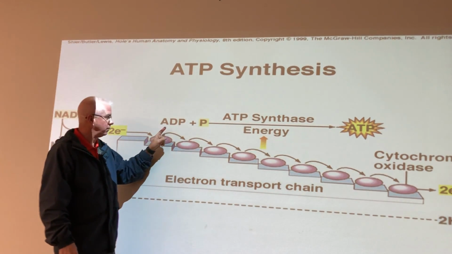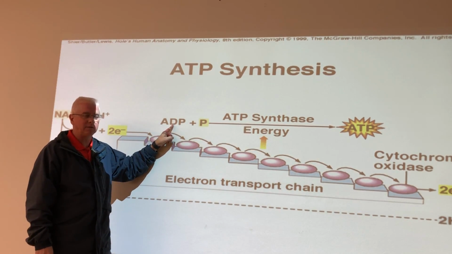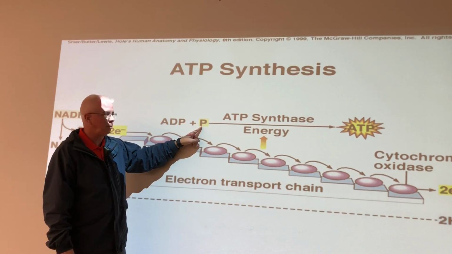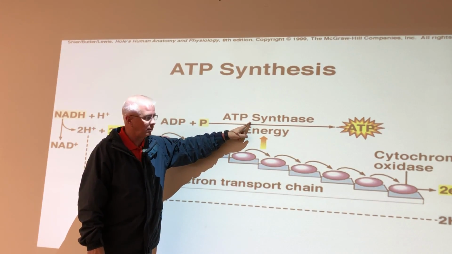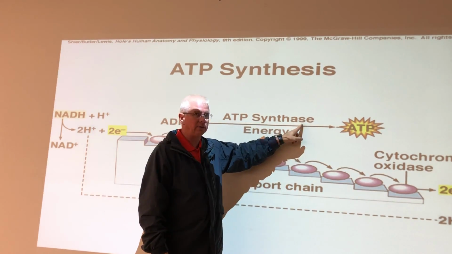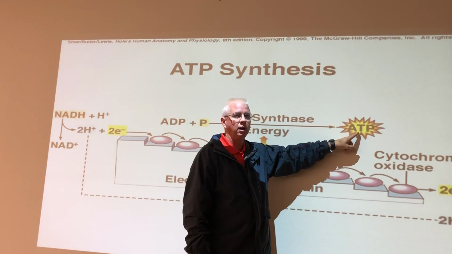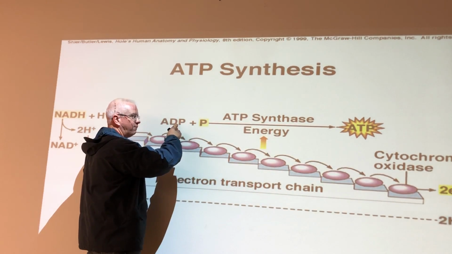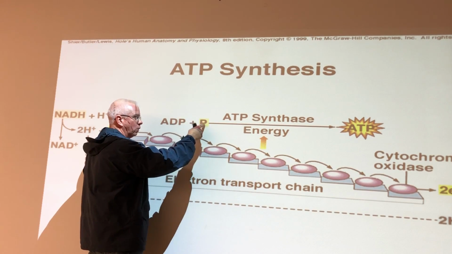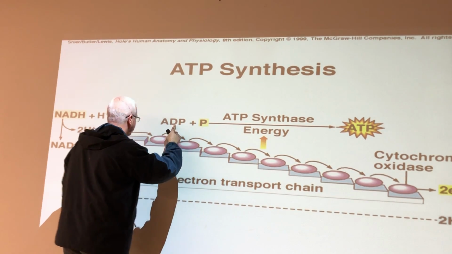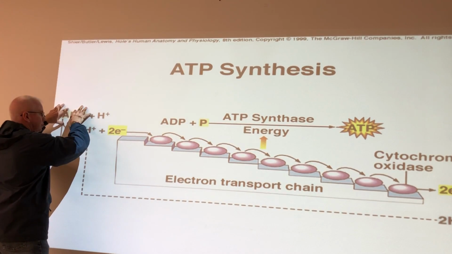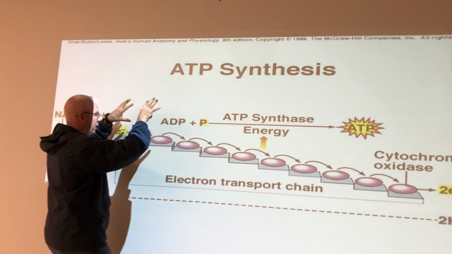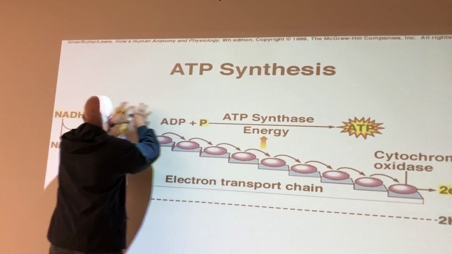So this is shown here. Adenosine diphosphate has a phosphate group added to it by an enzyme I'm going to tell you about. And when you do this, you activate this enzyme and you make lots and lots of energy. So there is your phosphorylation. You are oxidizing NADH and phosphorylating ADP.